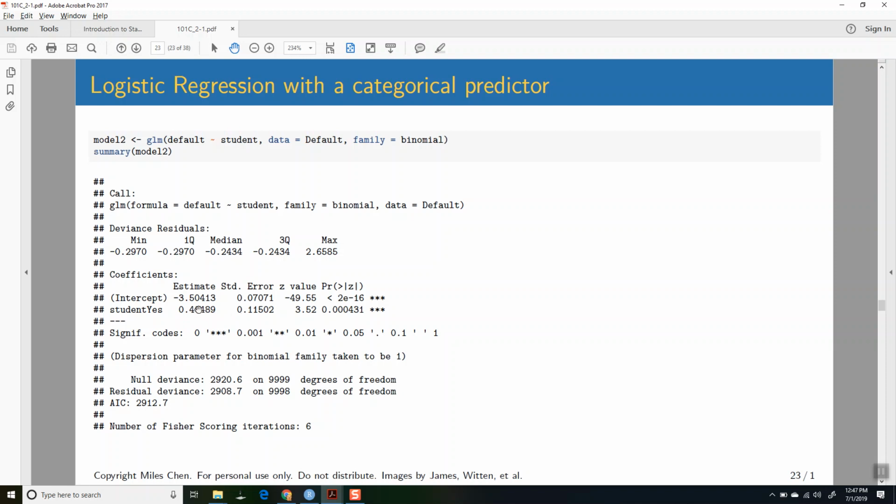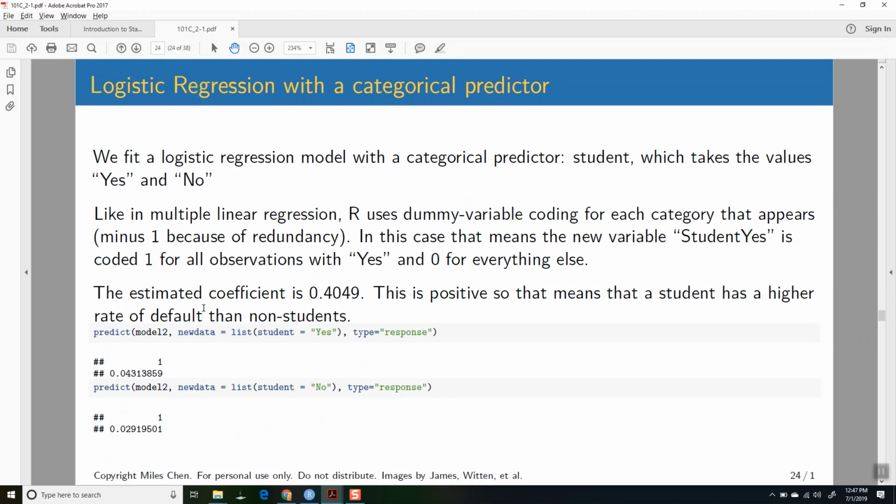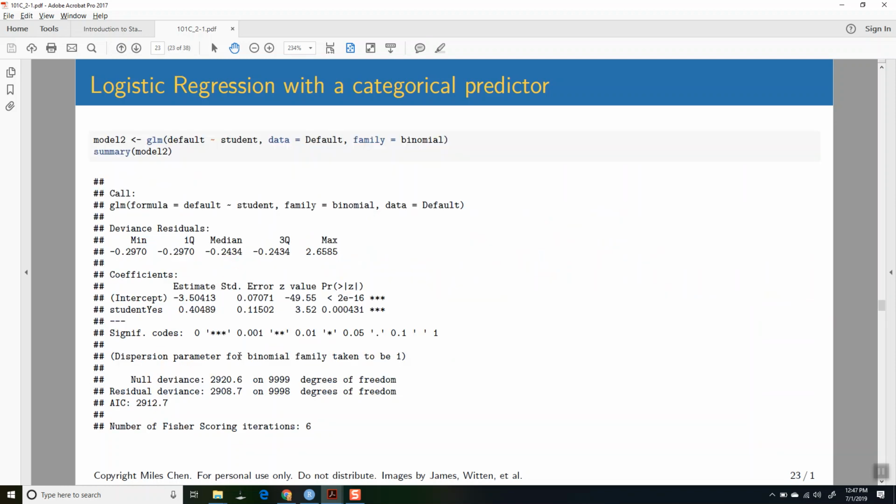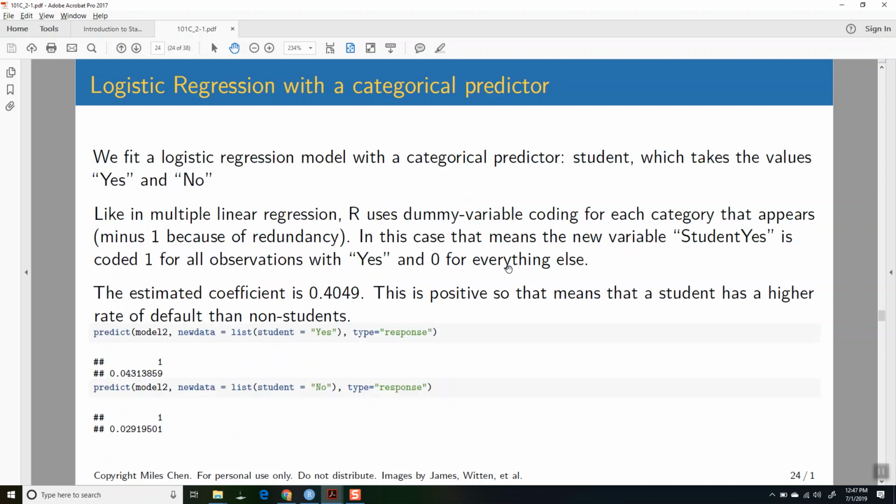And this is positive, so what that tells us is that if somebody says, yes, I'm a student, and we know nothing else about the person, then the probability that they will default is higher. So again, we use dummy variable coding. The estimated coefficient is 0.4049.